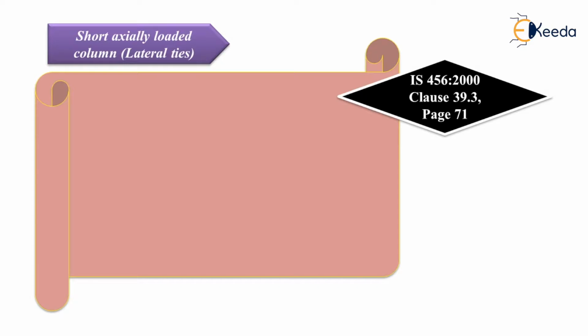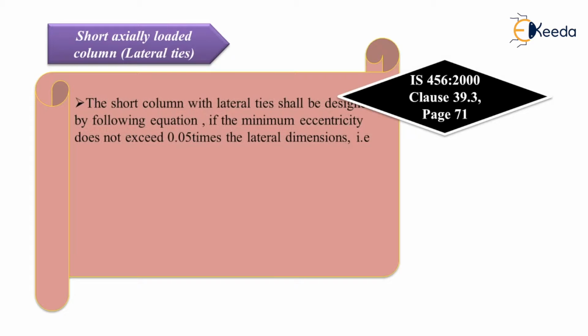When the minimum eccentricity does not exceed 0.05 times the lateral dimensions, the members may be designed by the following equation. That means the short column with lateral ties shall be designed by the following equation, and this equation can be used only when the minimum eccentricity does not exceed 0.05 times the least lateral dimension.